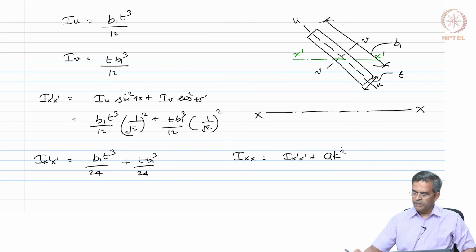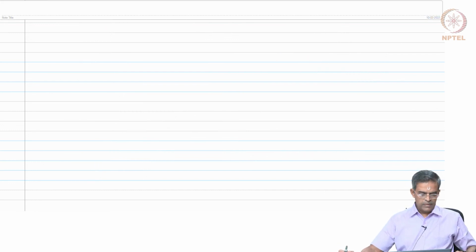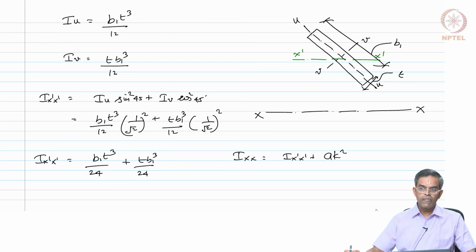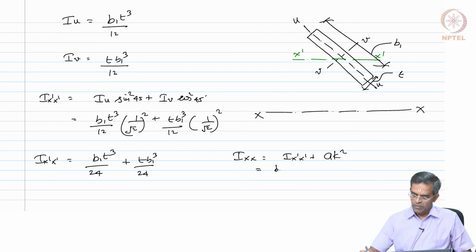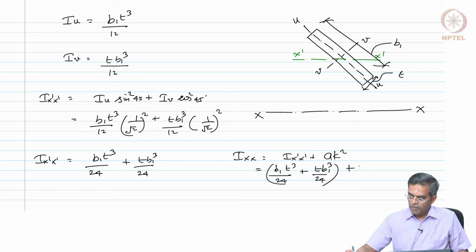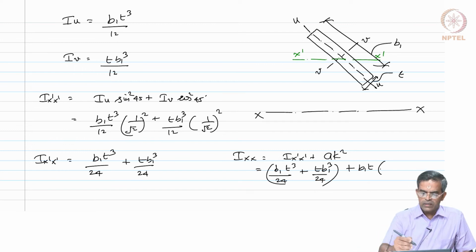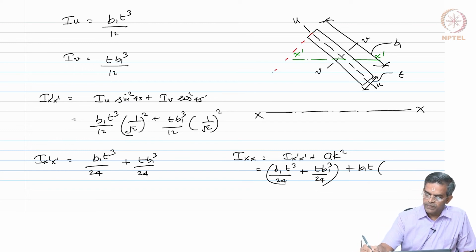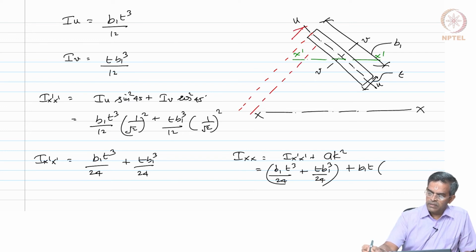We can apply this, which will be equal to B1 T cube by 24 plus T B1 cube by 24 plus B1 T of, the angle is connected here, is how it is connected, and this dimension is B, is it not?